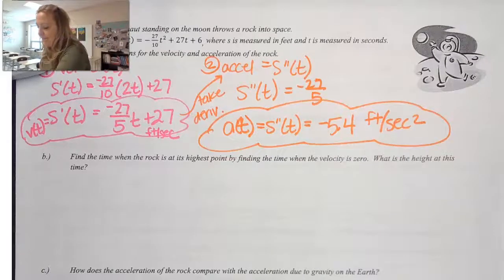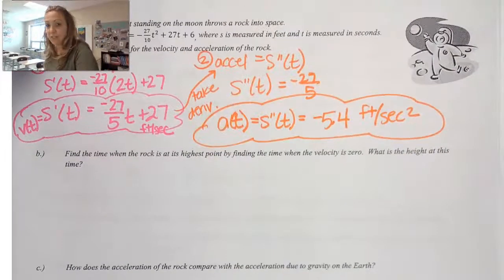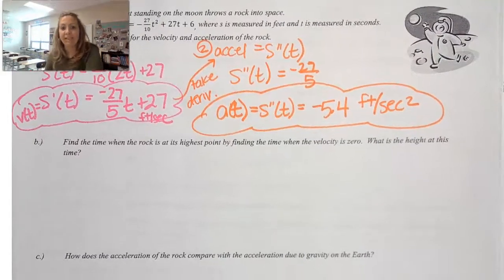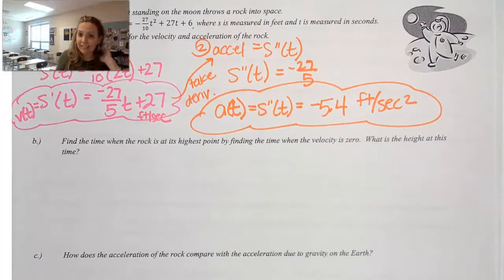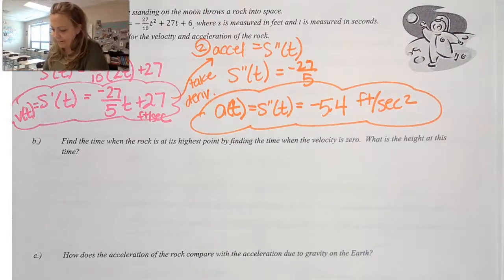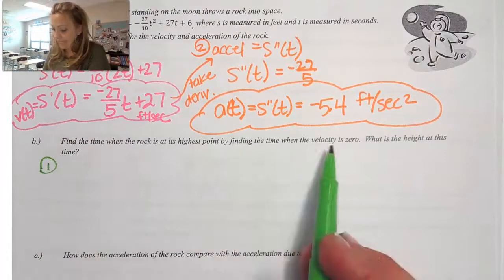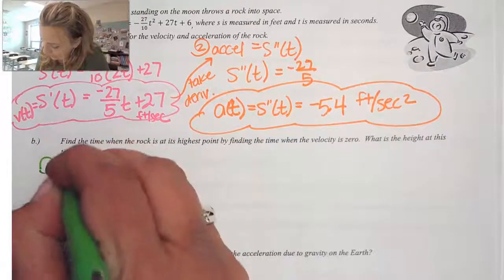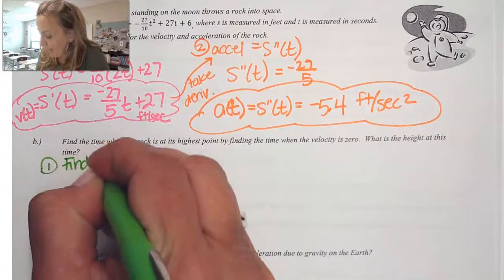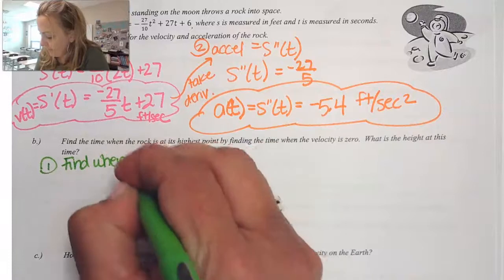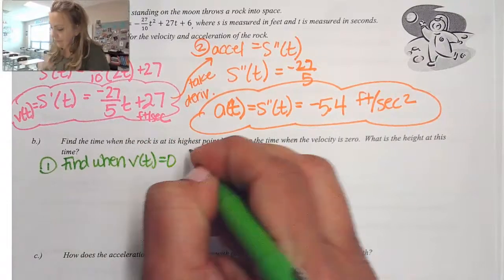Letter B says, find the time when the rock is at its highest point by finding the time when the velocity is 0. And then what is the height at that time? So the first thing that we're going to have to do is to find when the velocity is 0. So let's find out when v of t equals 0.